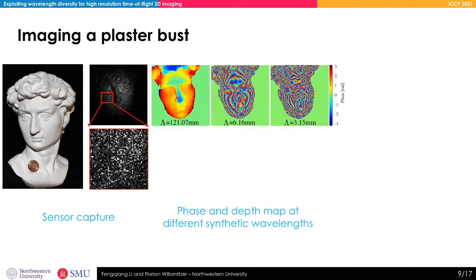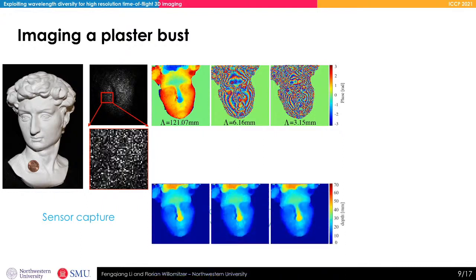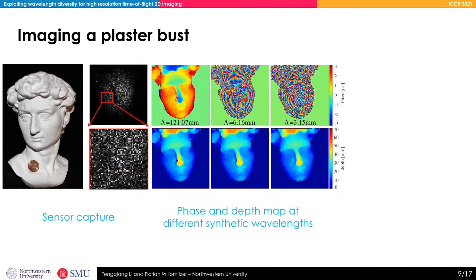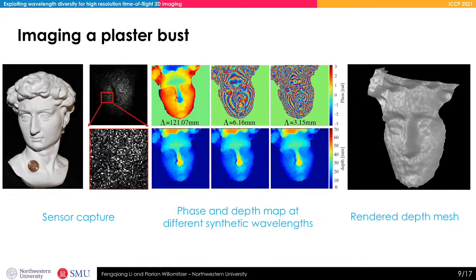Then we use this phase map as guidance to unwrap the phase maps measured with smaller synthetic wavelengths. Once we reconstruct the phase map, we can generate the corresponding depth maps. We also show a rendered depth map, and we can see the eyes and the nose of the bust. However, the details are not very clear due to the limited spatial resolution.